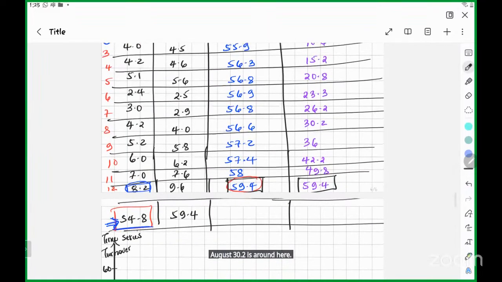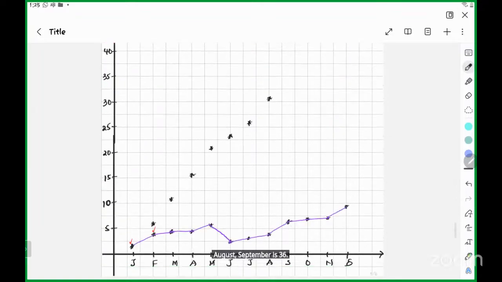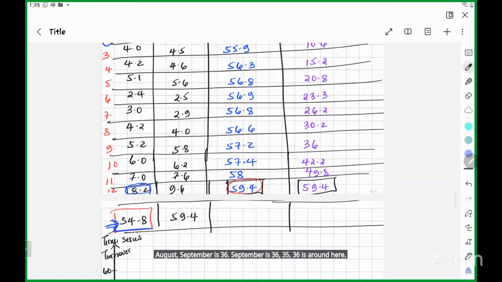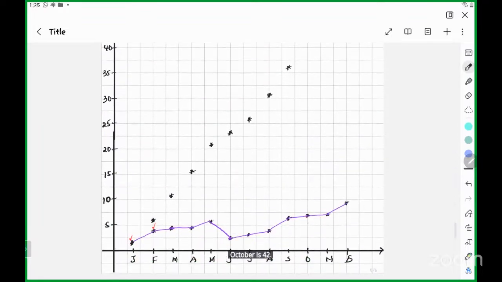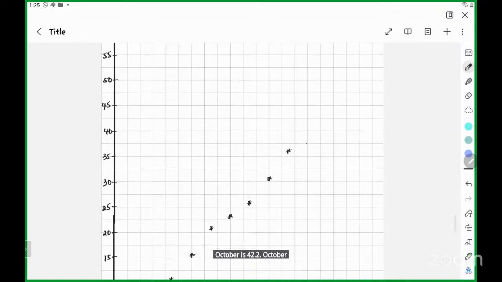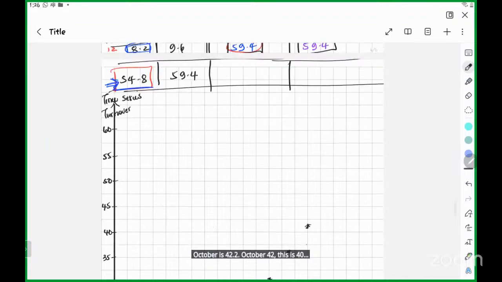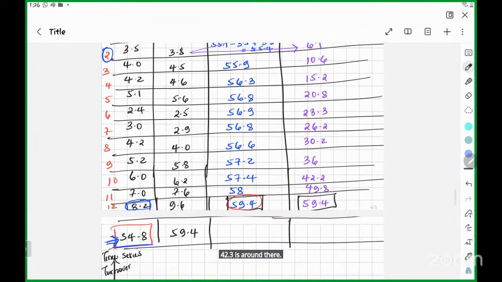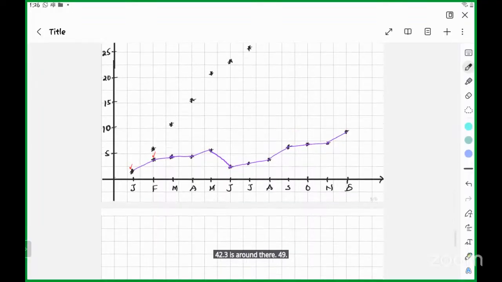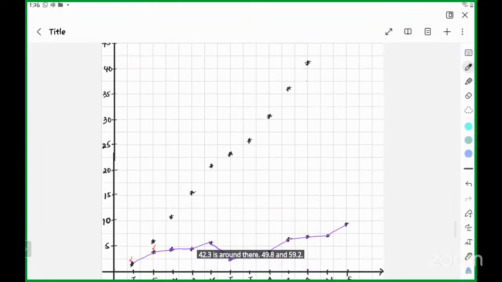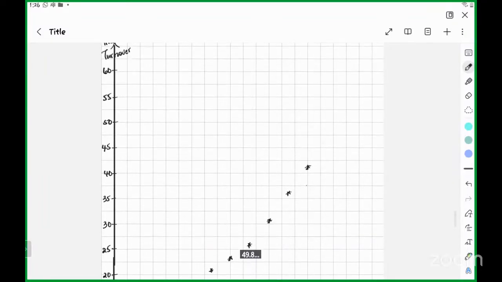September is 36. 36 is around here. October is 42.2. October 42, this is 40. 42.2 is around there. 49.8 and 59.4. 49.8 is close to 50.